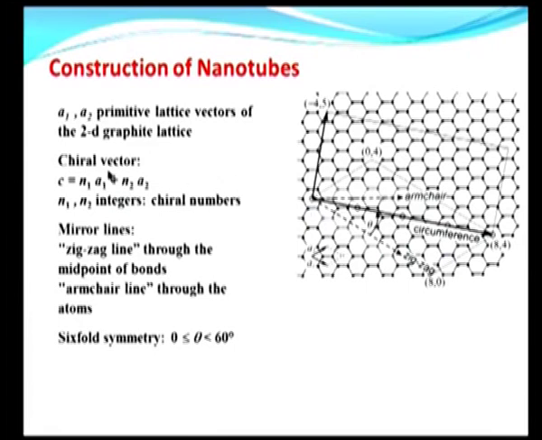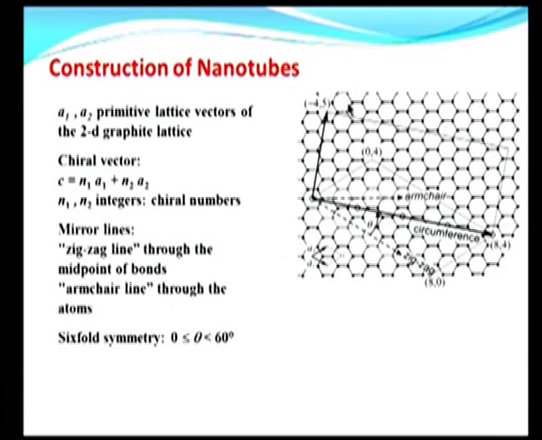So, this is a further demonstration of the construction of nanotubes in terms of the primitive lattice vectors that I just described, A1 and A2. As shown here, you can have the zigzag configuration by folding it along the line that bisects opposite faces of this hexagon, and then the armchair I have described, and anything in between gives you the chiral symmetry.